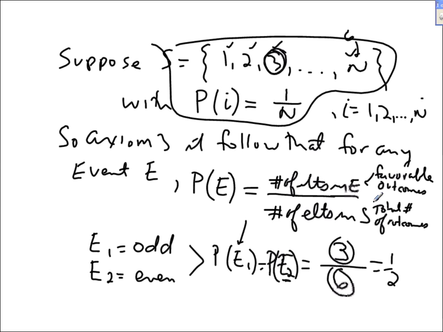So if S is equal to E1, E2, there's 2 events in here, so each one is going to be 1 over 2. Exactly what we're getting. So yeah, it's always going to be that.